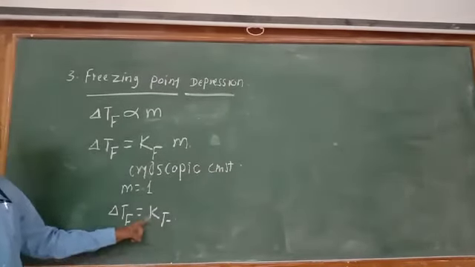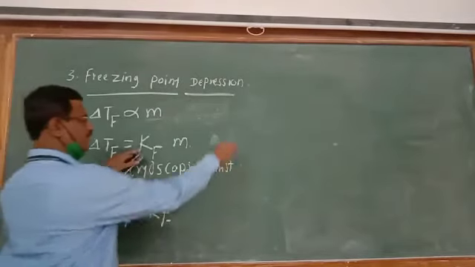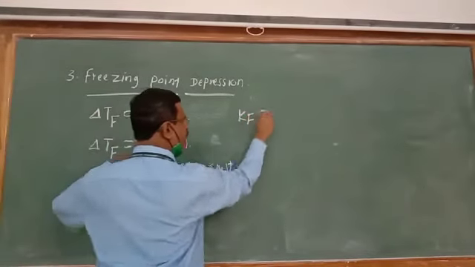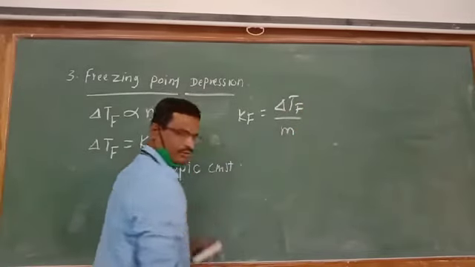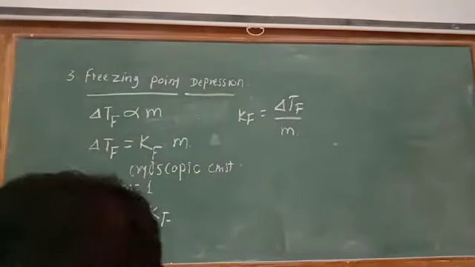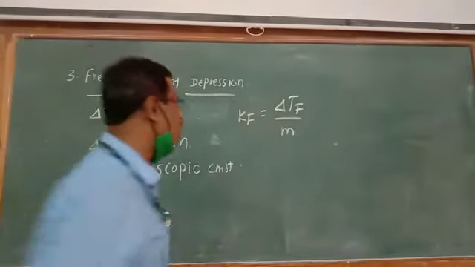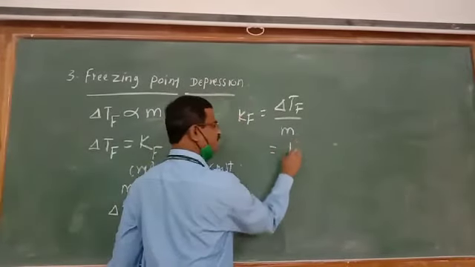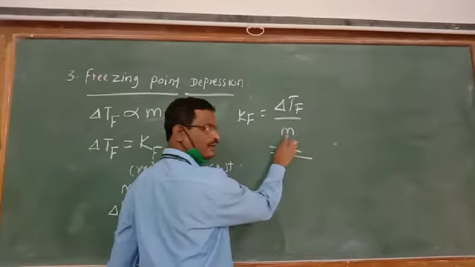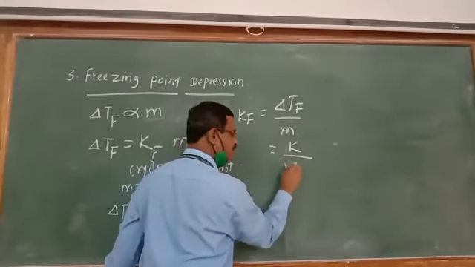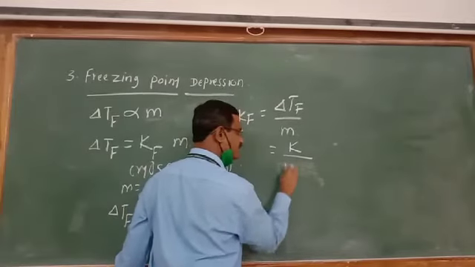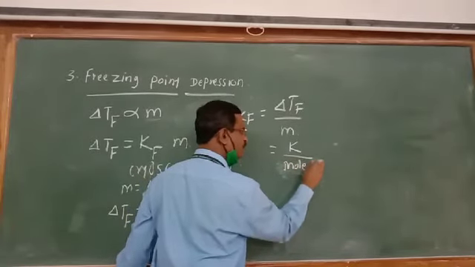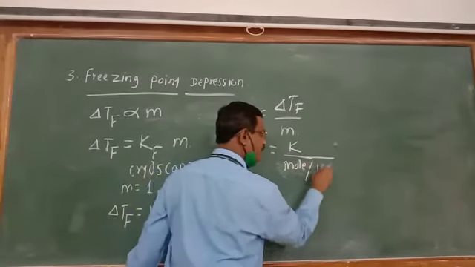Further, what is the unit of cryoscopic constant? From this equation, Kf is equal to delta Tf upon m. We know what is the unit of delta Tf. Delta Tf is the difference in temperature, that is Kelvin, divided by molality. Molality is nothing but number of moles of solute divided by mass of solvent in kilogram.